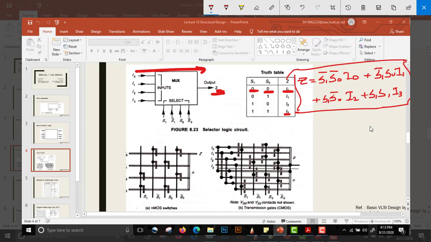Let us look at the stick diagram. If we want to implement this with NMOS switches, then this is I0, this is I1, this is I2, this is I3.